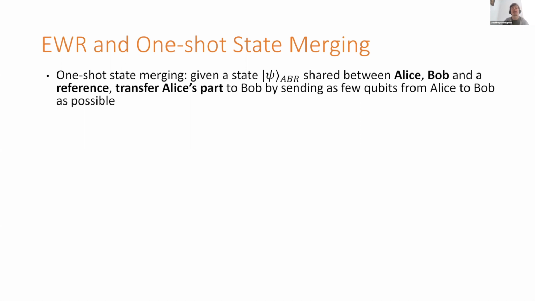They know that the state is psi, but obviously it's entangled with the reference in general, so they can't just do whatever they want to it. The aim is to transfer Alice's part of the state to Bob, while sending as few qubits from Alice to Bob as possible.